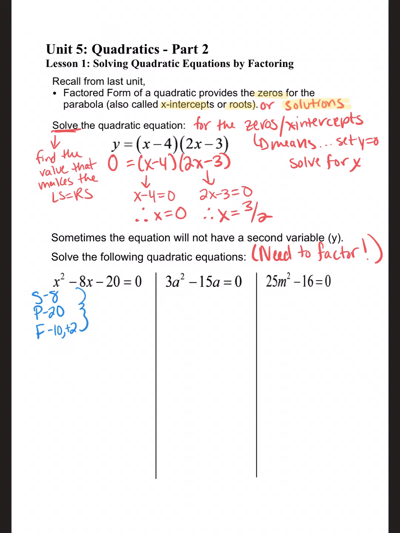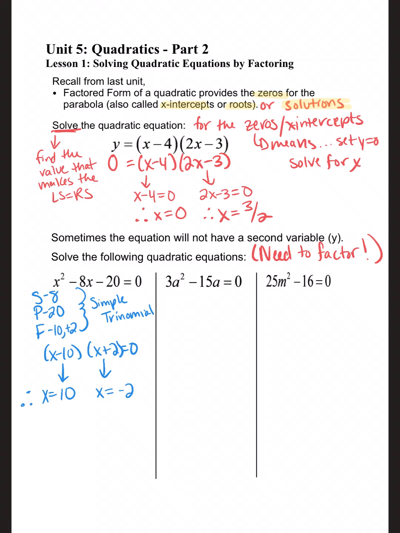Remember, this is a simple trinomial, which is when we can set up our basic SPF. So we'll have (x minus 10)(x plus 2) equals 0. To find our solutions, we set each bracket equal to 0 and solve. So x equals 10 and x equals negative 2.